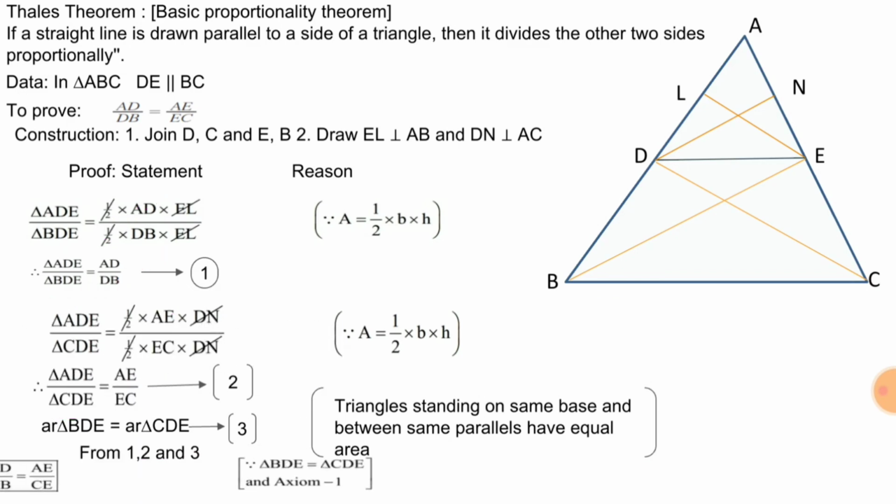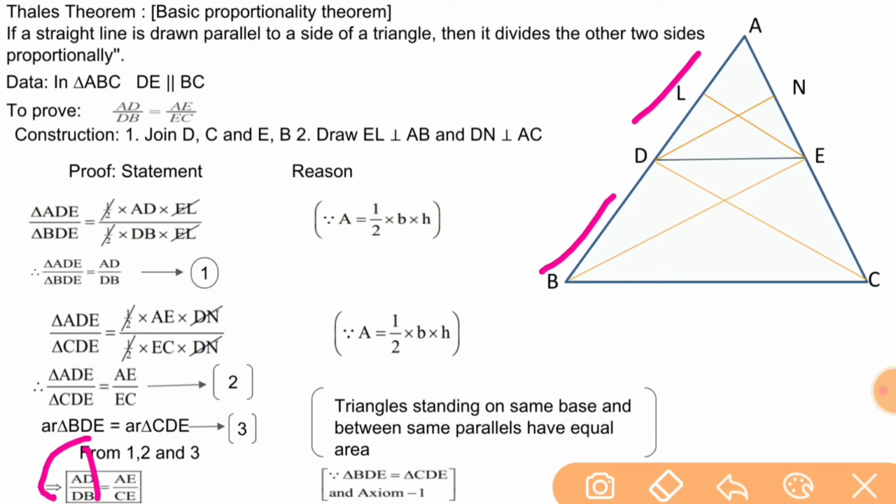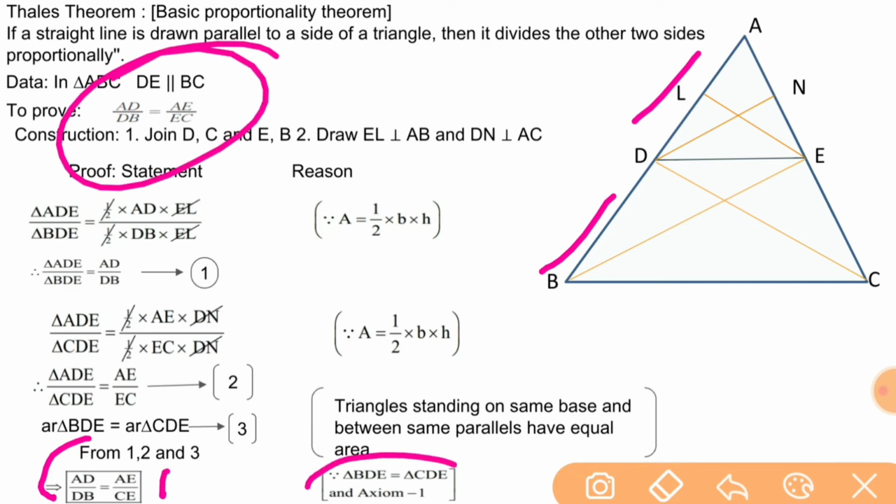Therefore, according to equations 1, 2 and 3, AD by BD is equal to AE by CE. That is the theorem I needed to prove, and I have proved it by axiom 1.